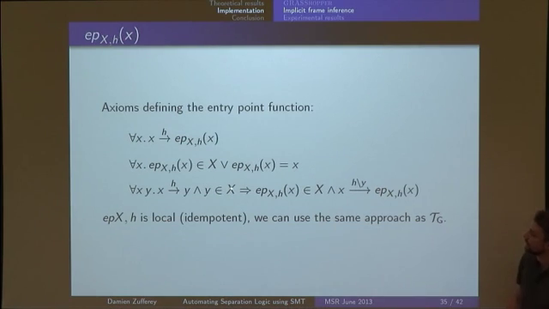And then just a reachability axiom that says that for any y which is in the footprint of the callee, if you follow from x to the entry point of x, you'll never see y.